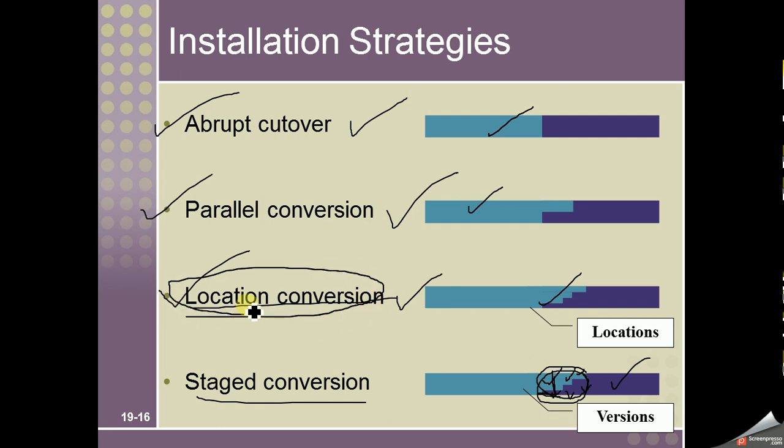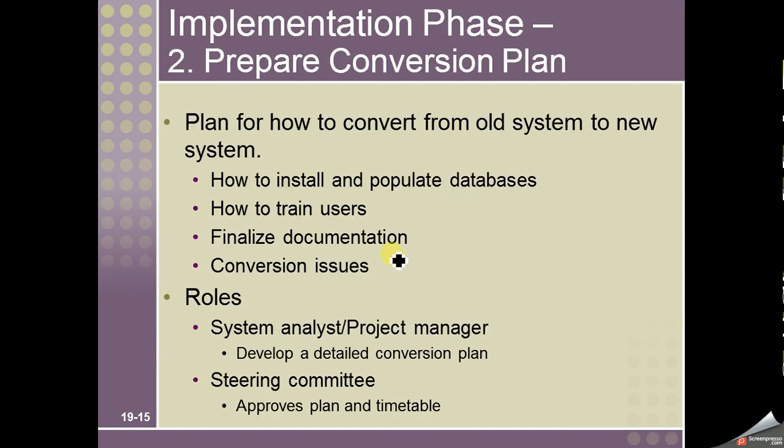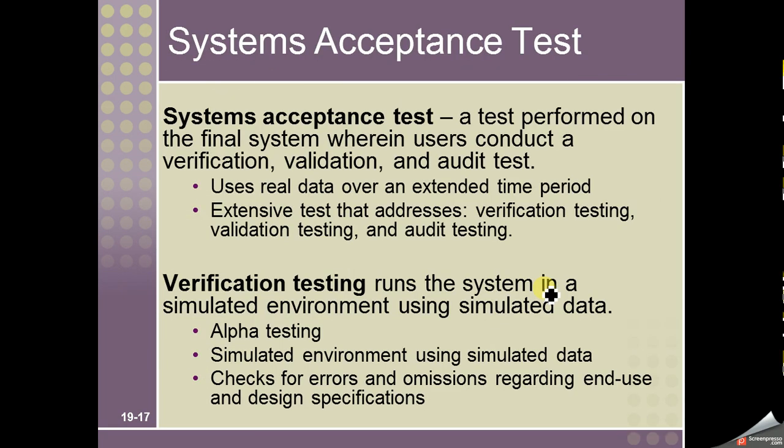So considering all the requirements, we will develop a strategy whether we are going to use abrupt cutover, parallel conversion, location, or stage conversion. So we will prepare a plan. Here we are talking about preparing the conversion plan. We will select a strategy, and it is not executed now. It will be executed in the last phase of implementation.